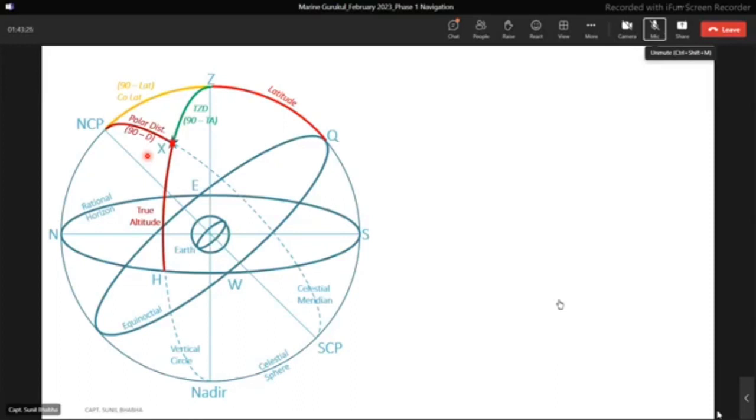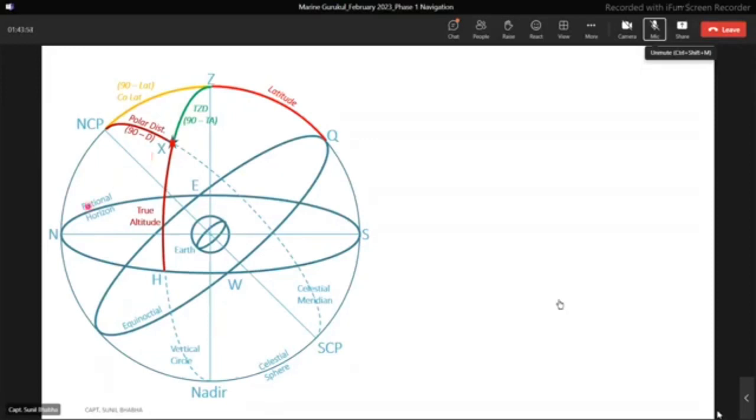So to show all these things in a simplified version, we can simplify this diagram by simply looking at it from a different angle or perspective. Now, how do we look at it? Let us try to understand it now.